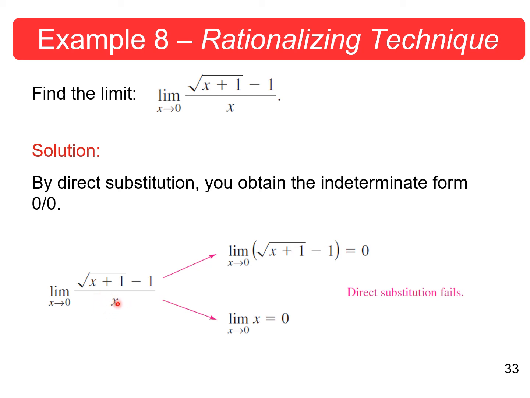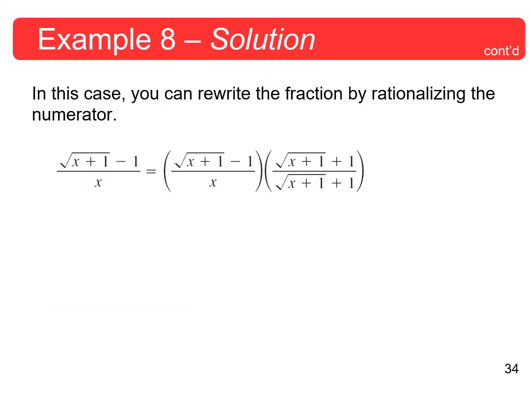Similarly, if you try to evaluate the denominator as x approaches 0, you also get a 0. So therefore, you get 0 over 0 here by using direct substitution. Therefore, the direct substitution method fails. In this case, we will use the rationalizing method to solve this since our numerator involves a radical expression.